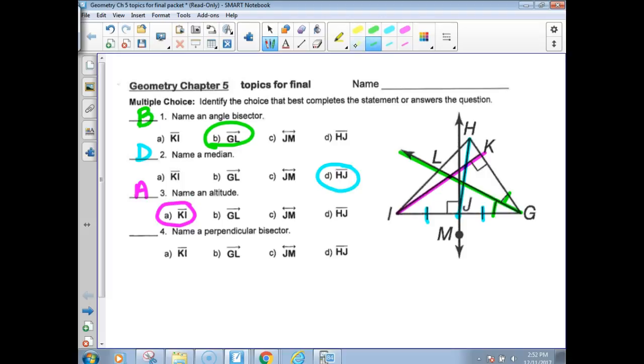Name a perpendicular bisector. Okay, now I need something that makes a right angle and cuts a side in half. It has to do both, and it can pass right through the triangle. What's that going to be? You guys, you're going to have to identify them on the final. I will not be hinting.